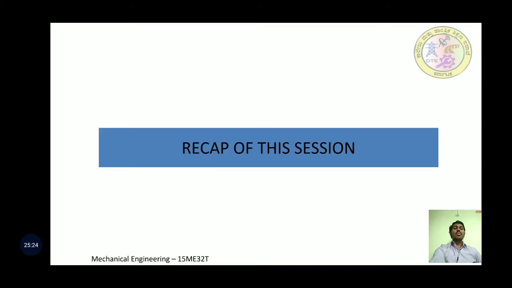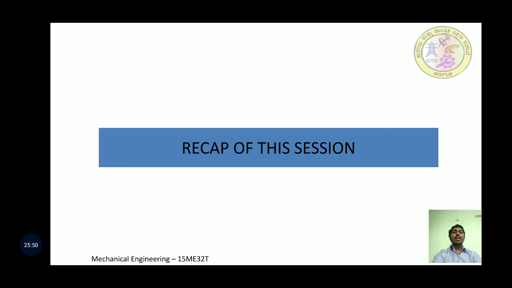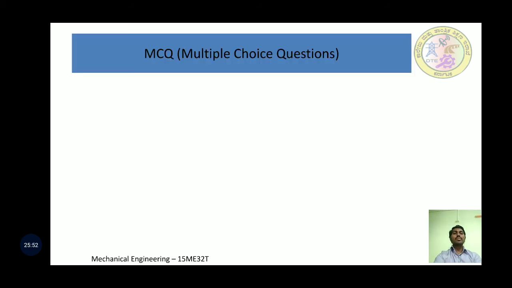The lower pairs are self-closed pairs. Force closed pairs, when two elements of a pair are not connected mechanically but connected by some means of external force, then it is called a force closed pair. Example, cam and follower.